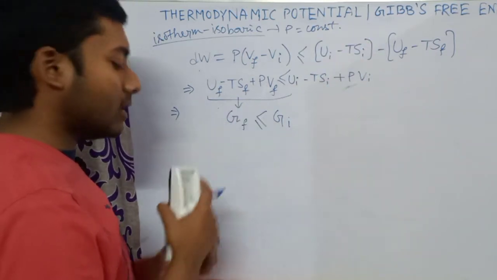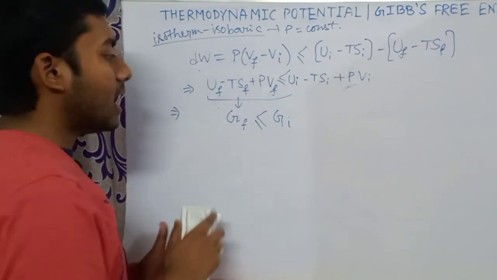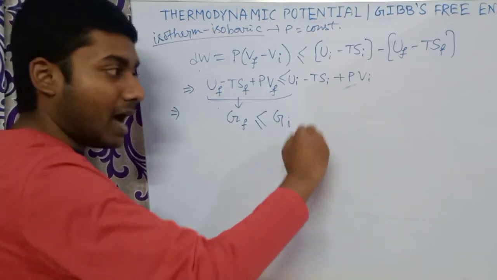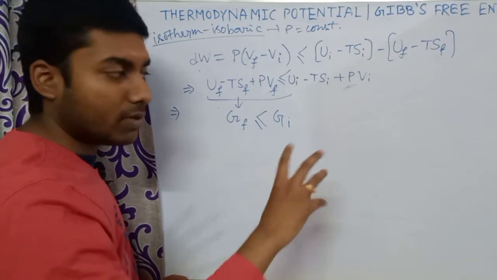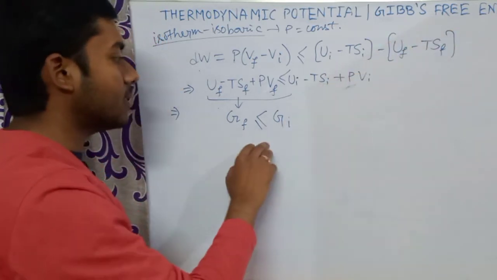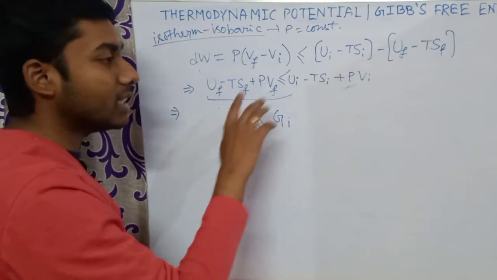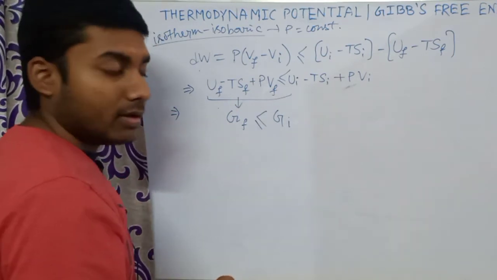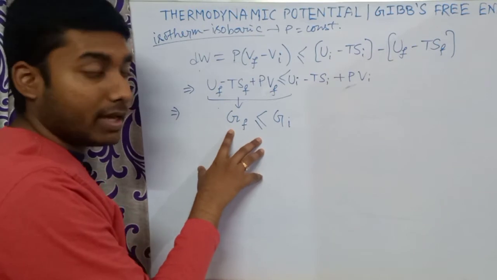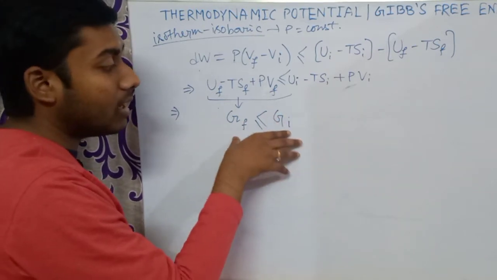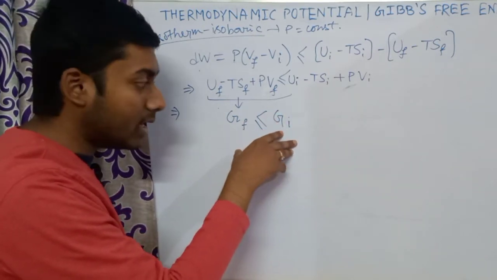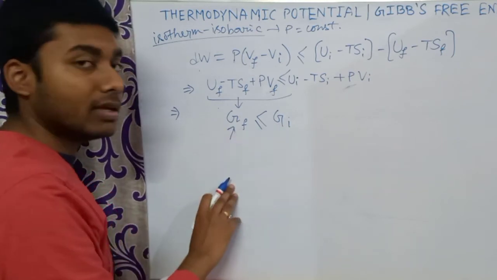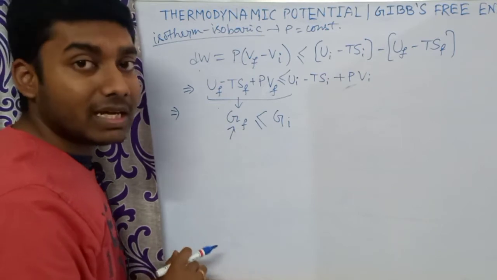Similarly, like our Helmholtz free energy, you can understand from here that for a state from I to F in this process, the Gibbs free energy in the final state cannot exceed the Gibbs free energy of the initial state. The Gibbs free energy of the final state is always less than the Gibbs free energy of the initial state.